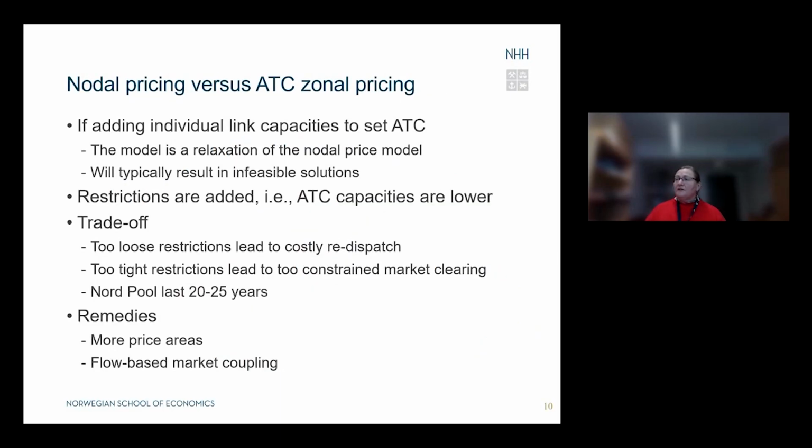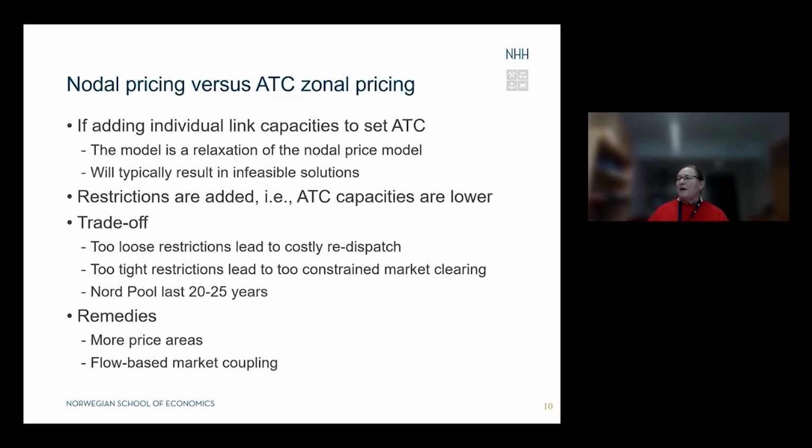If we consider this ATC model compared to the nodal pricing, if we are just adding individual link capacities to set these ATC limits, then this model is a relaxation of the nodal pricing model, which will typically result in infeasible solutions.